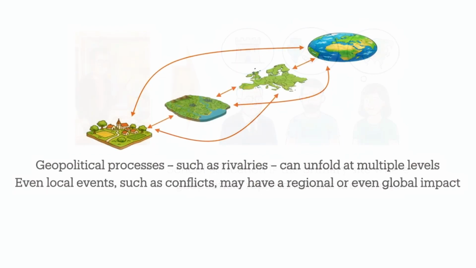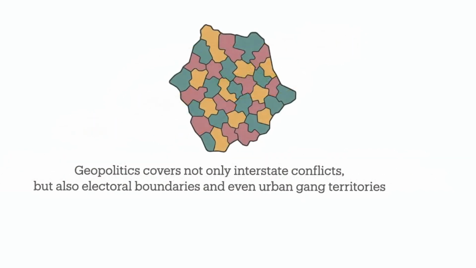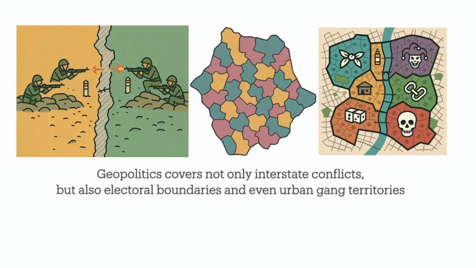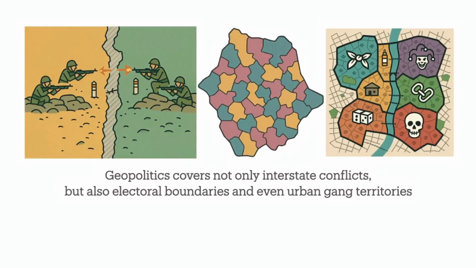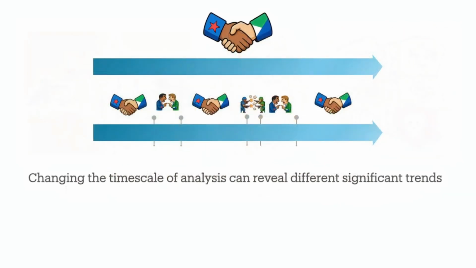He also argued that geopolitical processes, such as rivalries, unfold at many levels, from local to regional to global, and the same event can look very different depending on the scale you choose. For Lacoste, geopolitics doesn't stop at state borders. It can be used to think about electoral districts, city neighborhoods, or even gang-controlled territories. Lacoste also argued that changing the time frame of analysis can reveal very different trends. So serious geopolitical thinking must balance long-term structures with short-term crises.